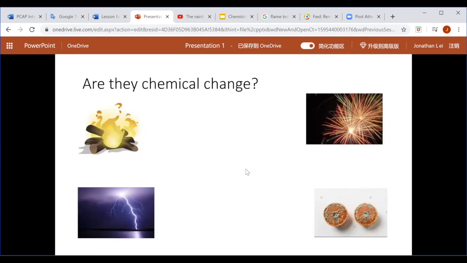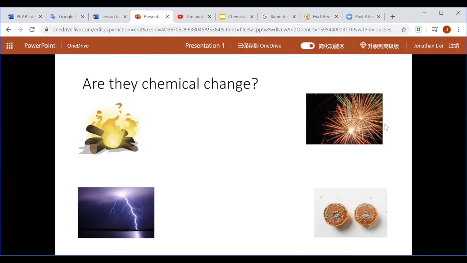Okay, so there are some more examples. We already talked about general burning, which is chemical change, right? So how about firework? Is firework chemical change? Yes. Because it produces oxygen. I mean, not oxygen, carbon dioxide. Like you could see the smoke when you fire it.